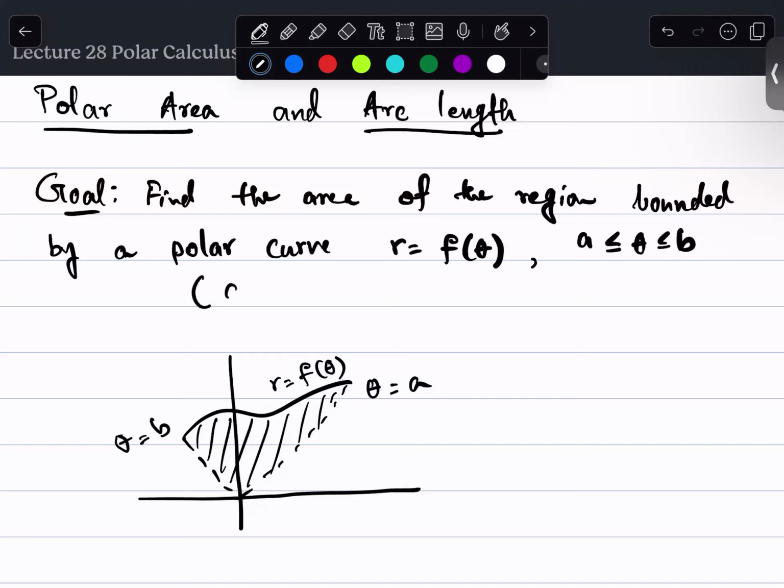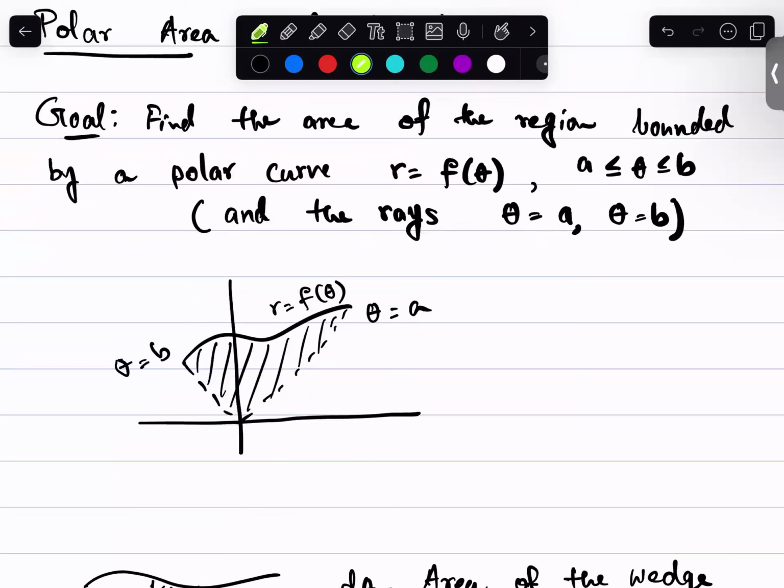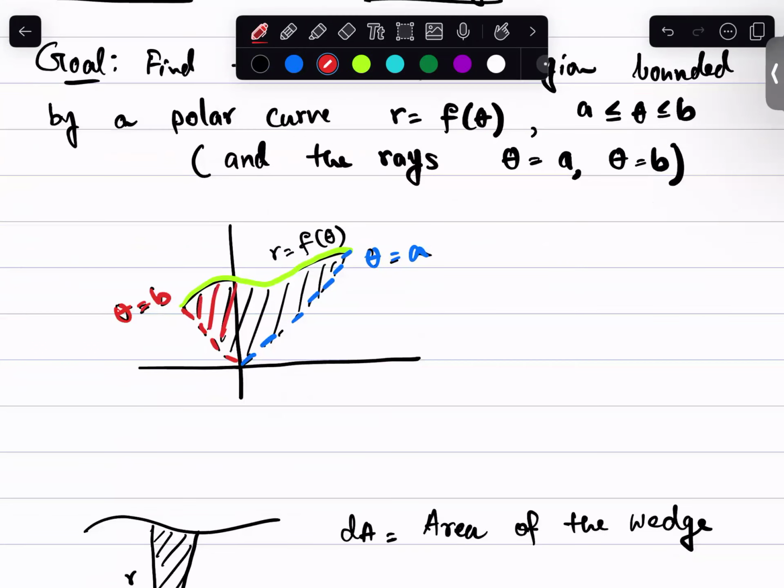So this is the curve, r is equal to f theta, and these are the rays. This is the ray theta is equal to a, and this is the ray theta is equal to b. So basically, I'm interested in finding this shaded area.